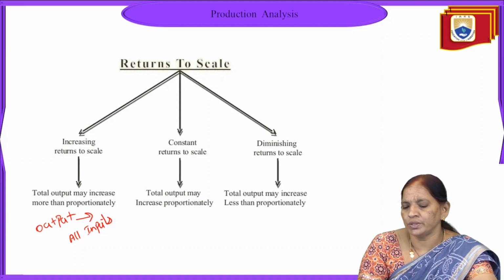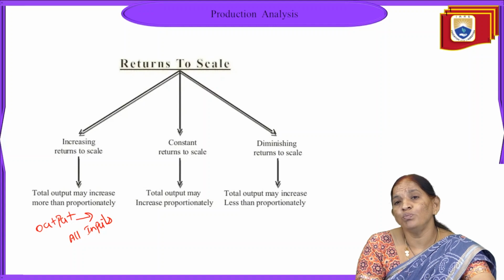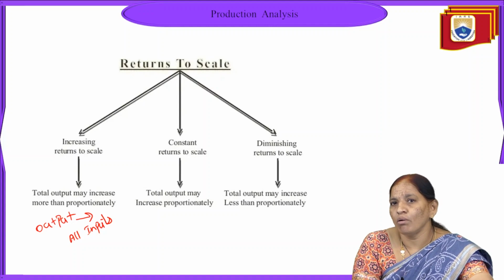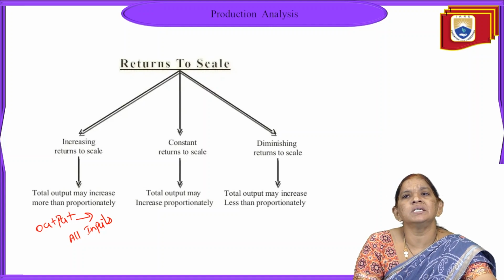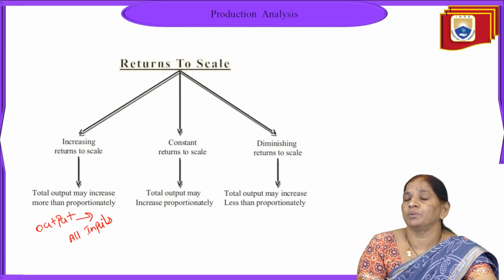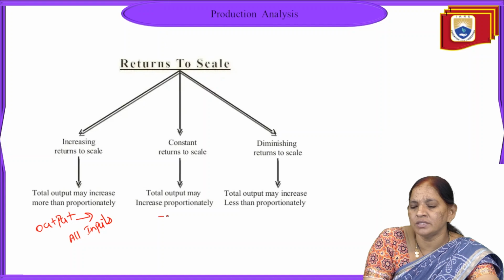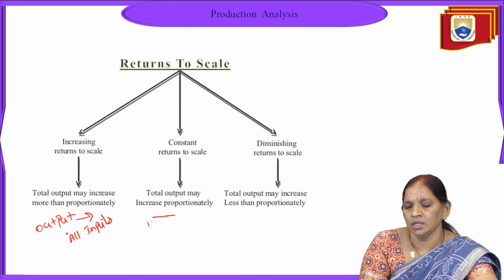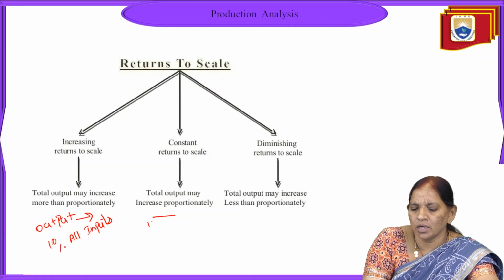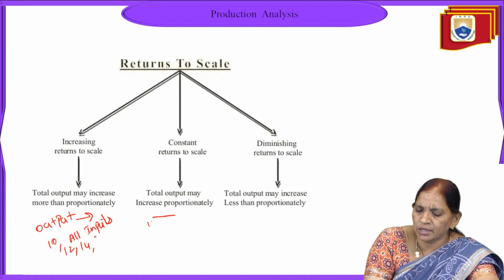When you come to the second stage, output may increase but at a constant level, proportionally. Under increasing returns, the output goes on increasing, like 10, 12, 13, 14, 20.